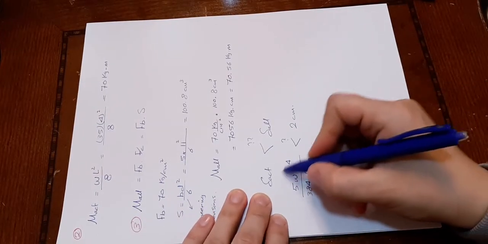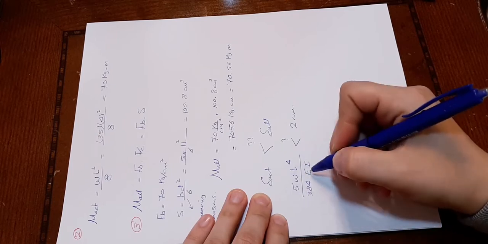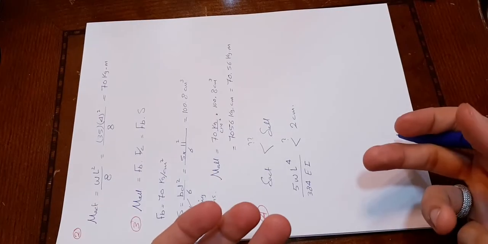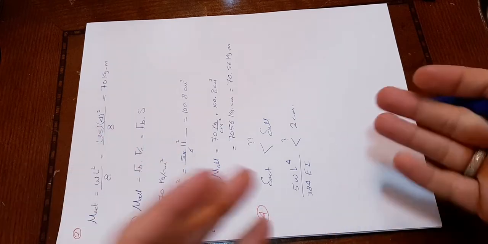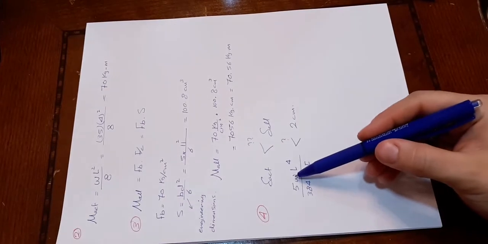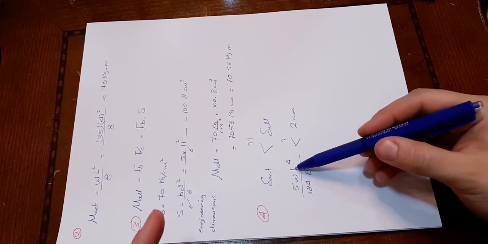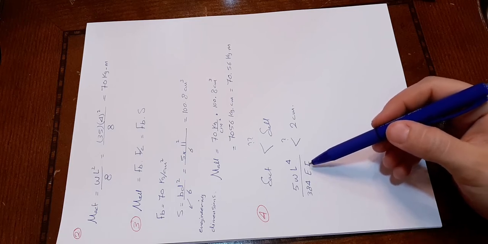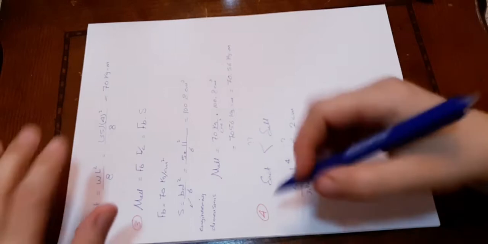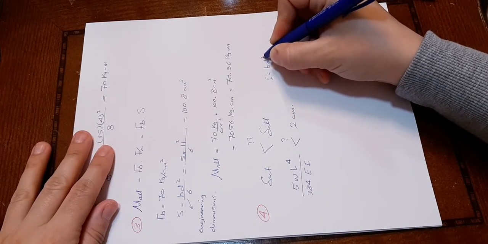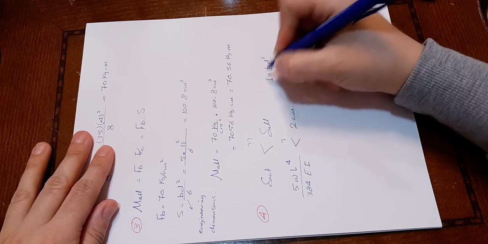So the final number from this formula should be in centimeter. When you make a comparison, you compare centimeter with centimeter, not with meter, so be careful when finding this value. W is 35 kilogram per meter run, L is 4 meter, E is 70,000 kilogram per centimeter square, and I is the moment of inertia. To find I, it equals B D cubic over 12 for rectangular cross section.